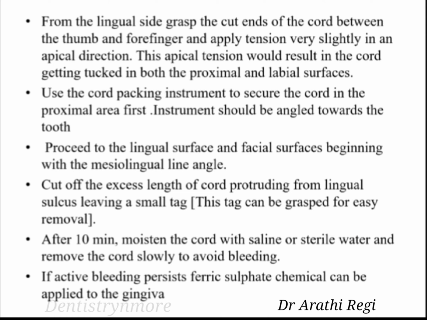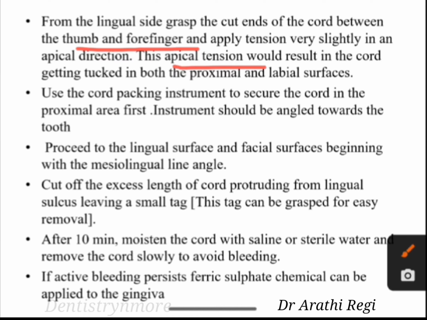So here you can see by using the thumb or forefinger we can grasp the cut ends from the lingual side, and after that an apical tension is given. So it is getting tucked in both the proximal as well as the labial surface, and first it is secured in the proximal area and after that in the lingual and also the facial surfaces.